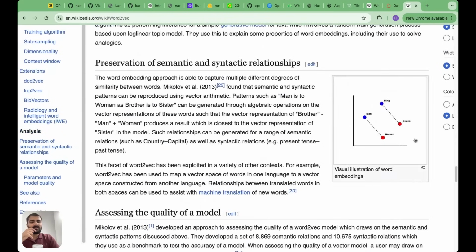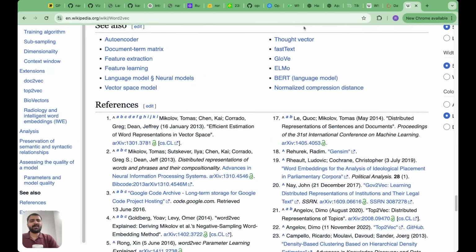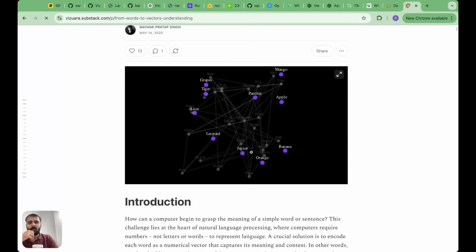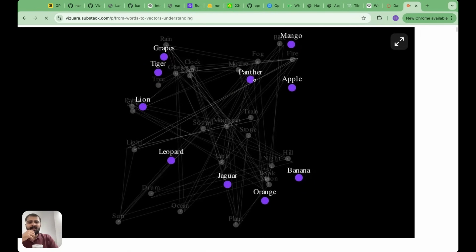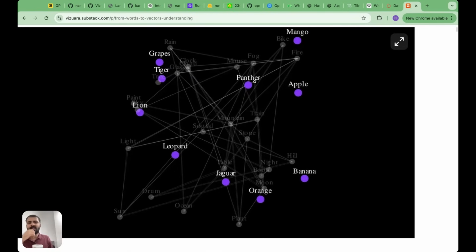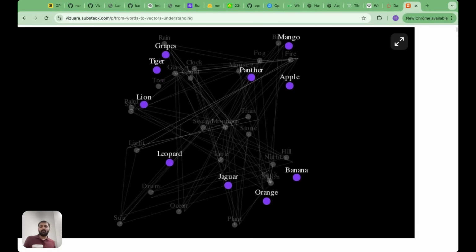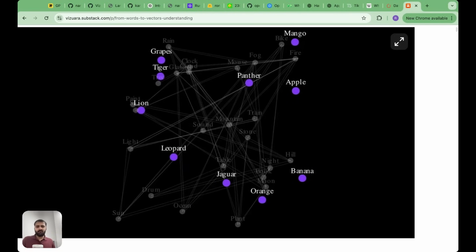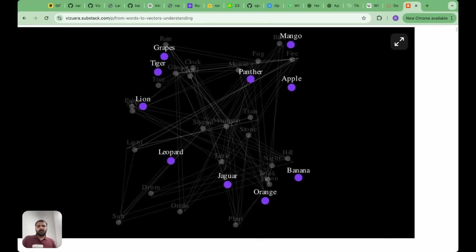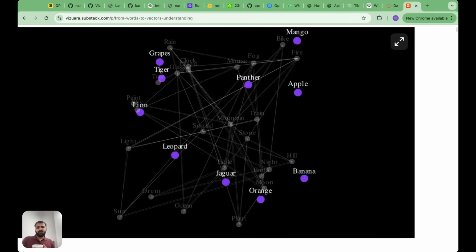We have actually written an amazing blog about this on our Substack, on word embeddings and how we got to that point. So here's the whole idea. These are words which are represented together in vector space, and initially every word will be a random vector. We don't know the ideal representation for each word.